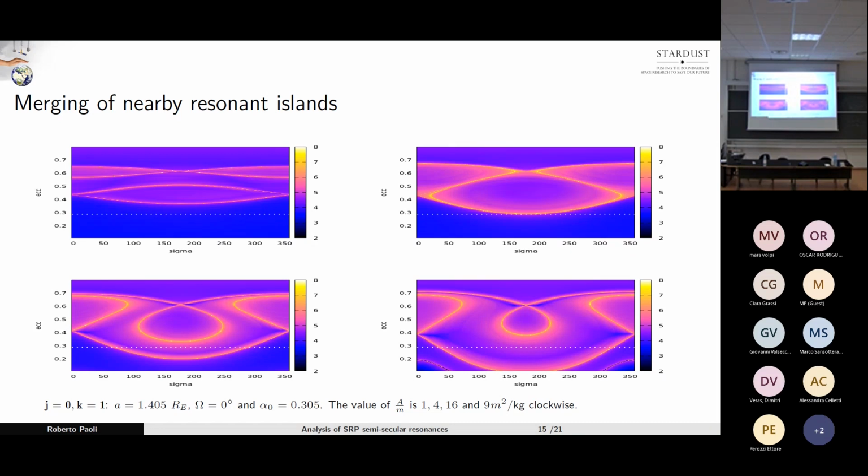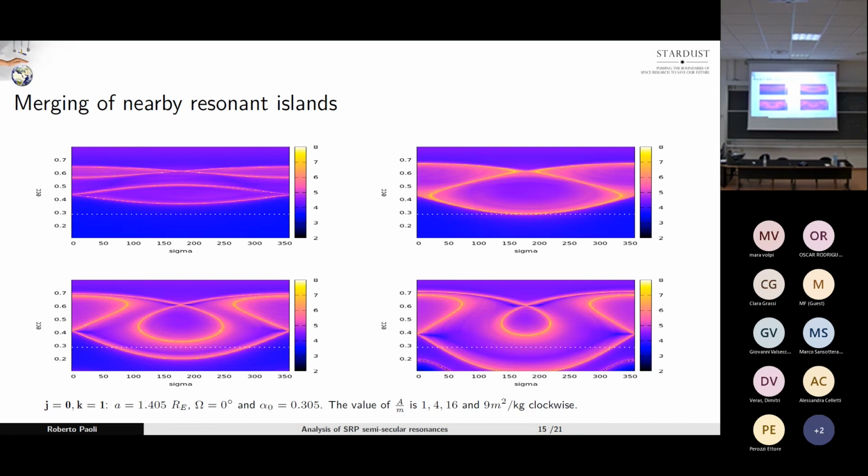It's also interesting to see that in these plots, the maximum value of the admissible eccentricity without collision is 0.3. So this kind of resonance seems to be not important because their center is in principle outside of the admissible region.